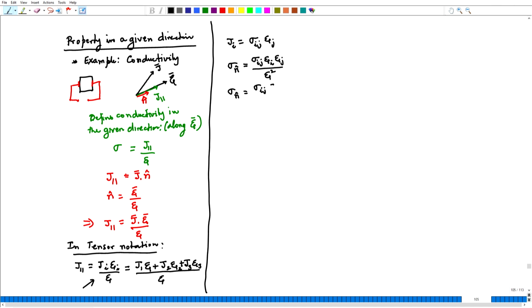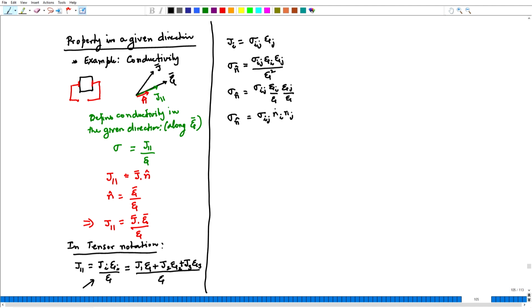Now let me write this as sigma ij, Ei upon E, and Ej upon E. Thus the conductivity becomes sigma ij, where Ei upon E is a unit vector and Ej upon E is a unit vector. So, it is ni and nj.